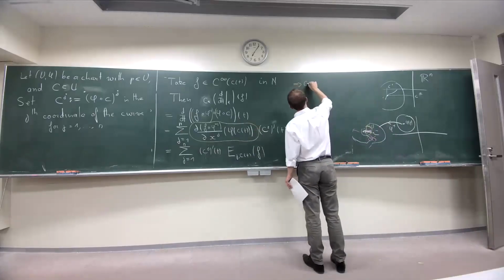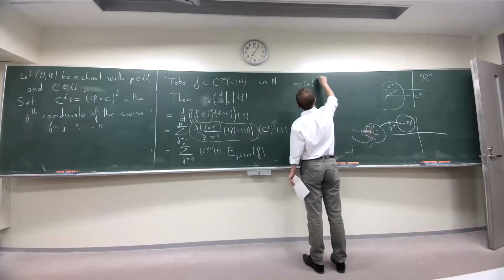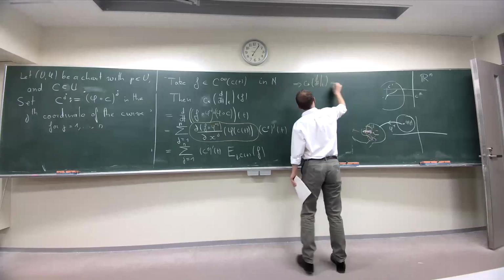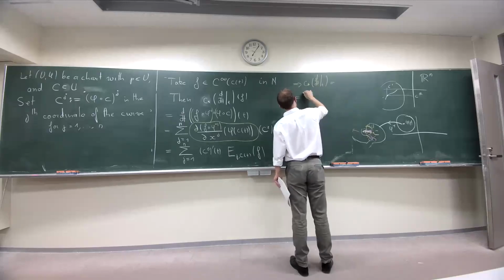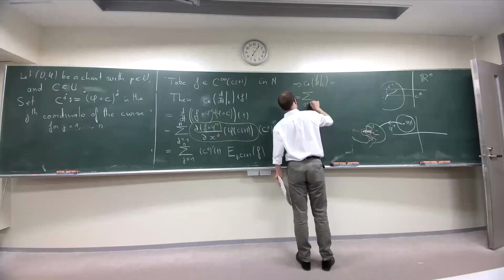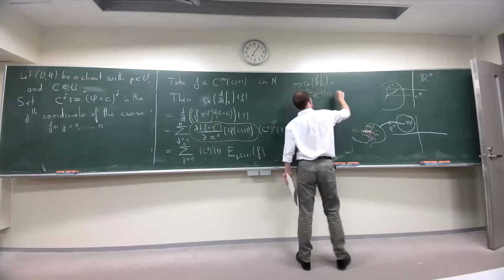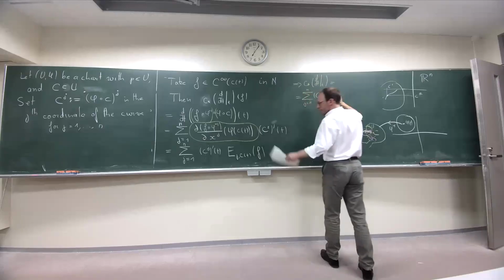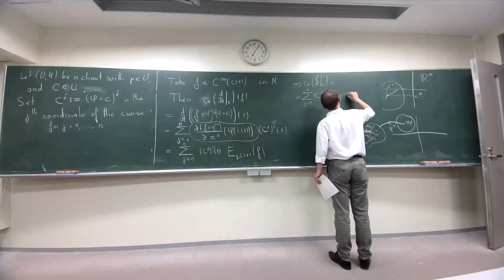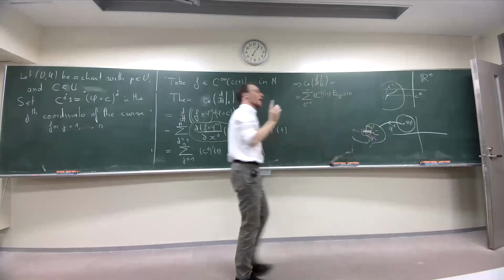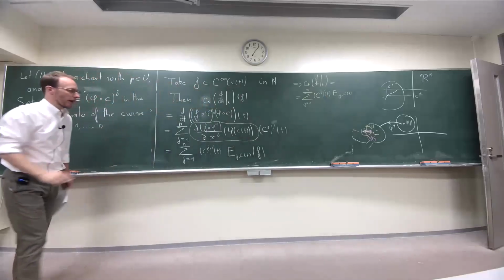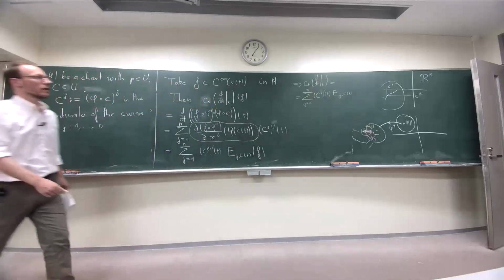It implies that c star d over dt evaluated at t, which is a tangent vector, is equal to the sum over j from 1 up to n of Cj prime evaluated at t times this E_j at c of t. Now, this is more precise because if you apply it to f, you get numbers.